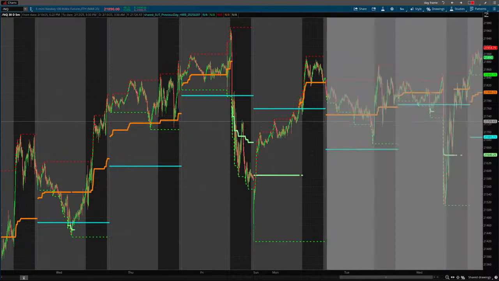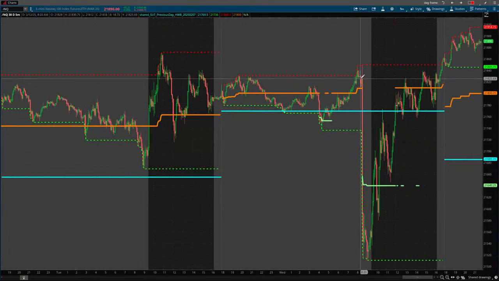And so this morning we were going into news events, and this was obviously a huge reaction. This 5 minute candle is 307 points. We were above the midpoint, which is the blue line, as well as the upper midpoint. As soon as we cracked that upper midpoint, we dropped down through the midpoint, the 50% retracement, and then actually made new lows, taking out the prior day's lows.